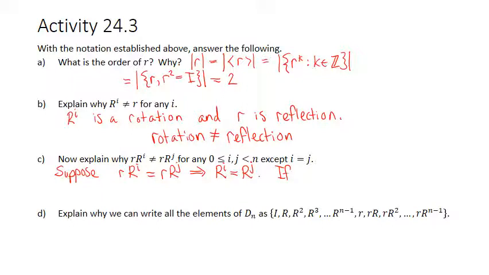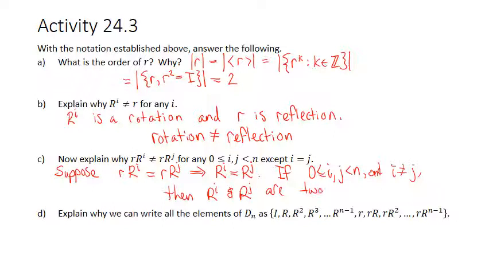If we have that i and j are in this restricted range, between 0 inclusive and n not inclusive, and we have that i does not equal j, then big R to the i and big R to the j are 2 different rotations.